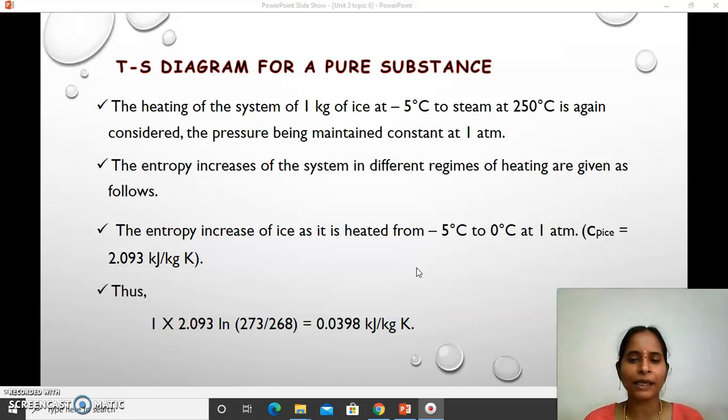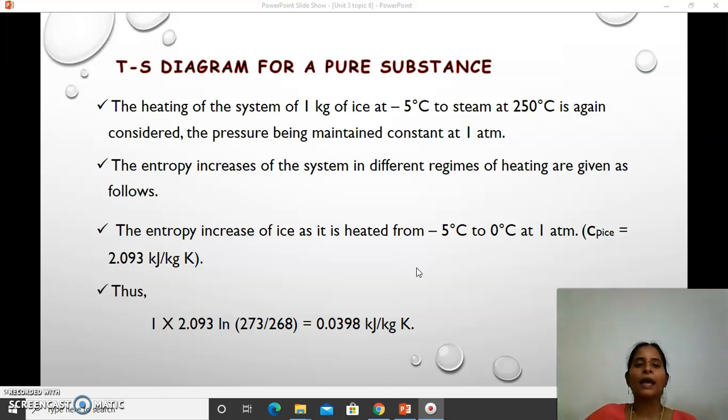PV, PT and PVT diagrams alone are not sufficient to explore in detail. Further, we have the TS diagram and HS diagram. S means entropy. In the earlier units we studied what entropy is and its importance.